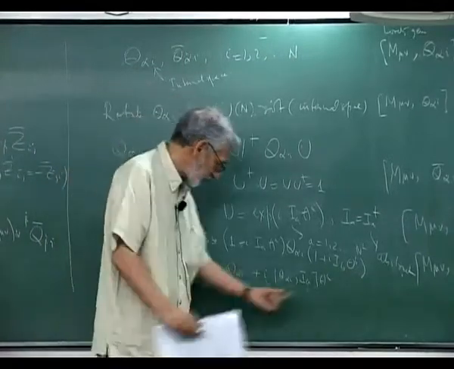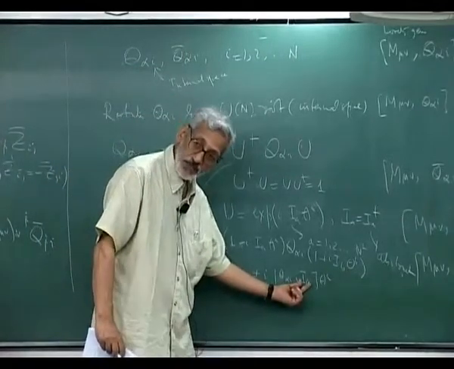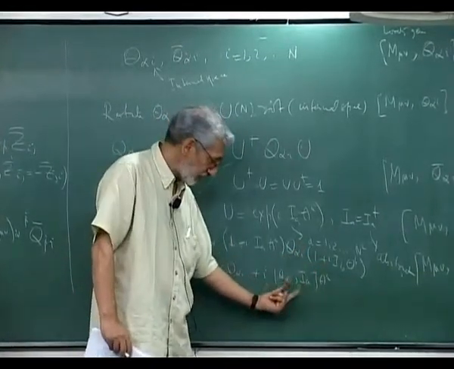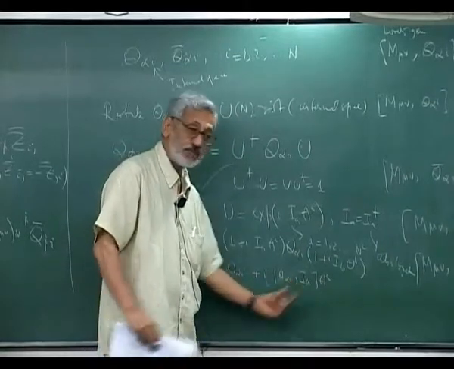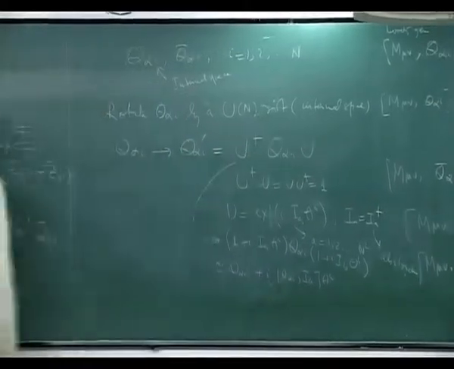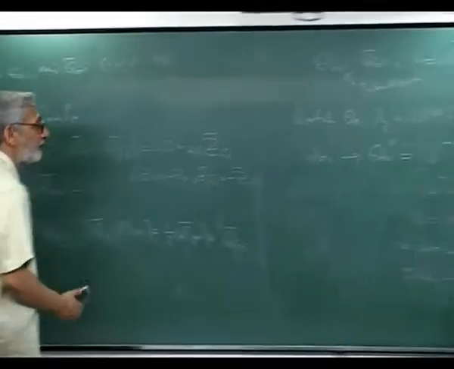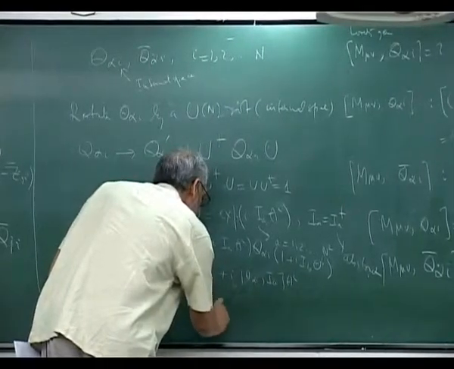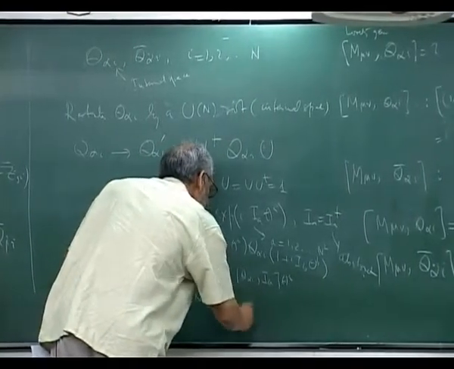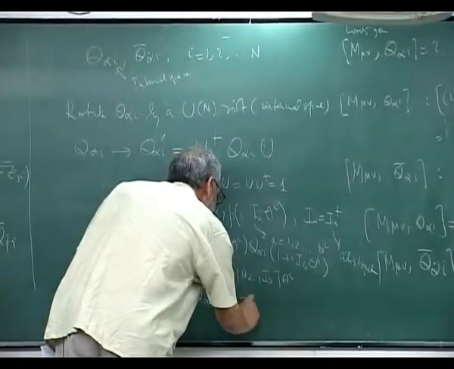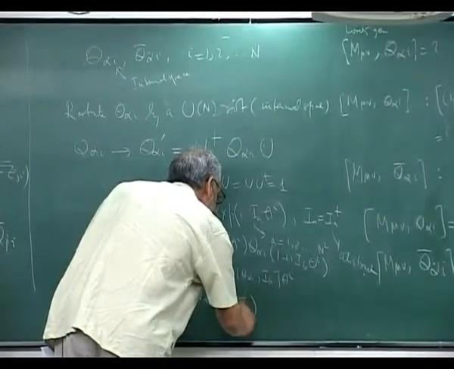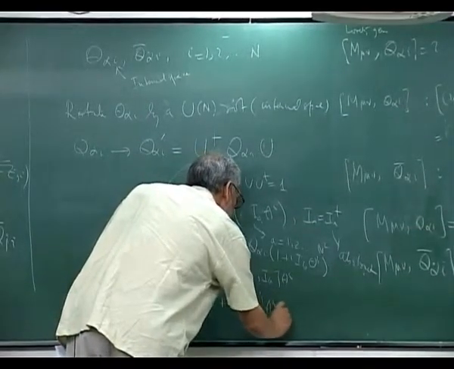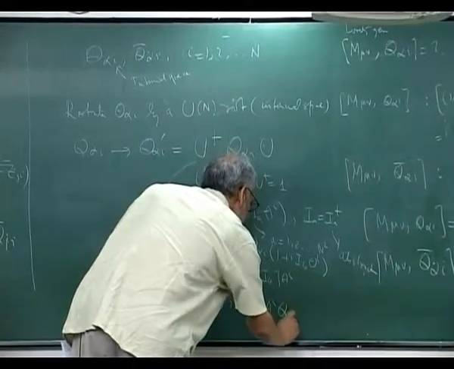Now if I want to write this abstract generator as some matrix representation, then this object would be proportional to that matrix representation, which means this would be equal to Q alpha I plus i times some t A I j theta A times Q alpha j.